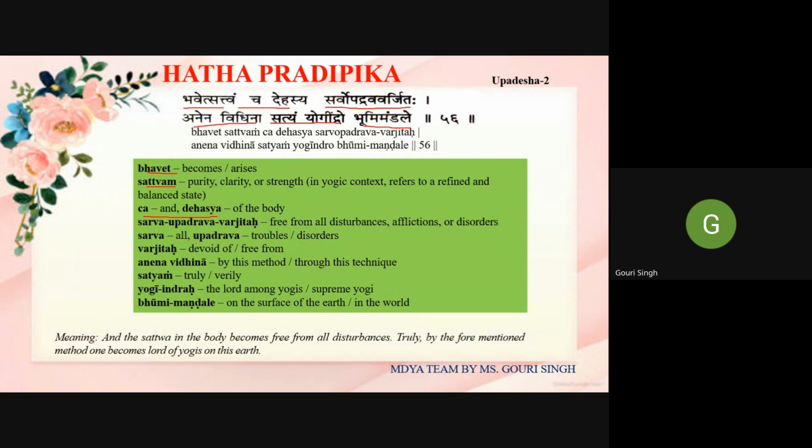Then sarva upadrava vivarjitah. What does that mean? Sarva upadrava means whatever disturbances or disorders are there in the body become free, become destroyed. And anena vidhina satyam: anena vidhina means by following these techniques.